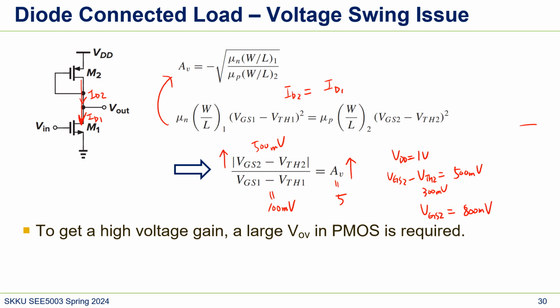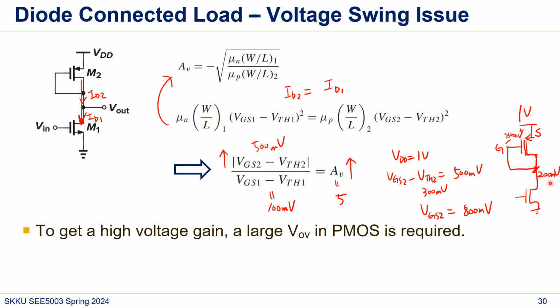So in this situation, this is G and this is 1 volt because of VDD, and then this is S, right? So it means that this voltage is already like 200 millivolt, because of the 800 millivolt. So our VDD is 1 volt, but the output bias is already like 200 millivolt.